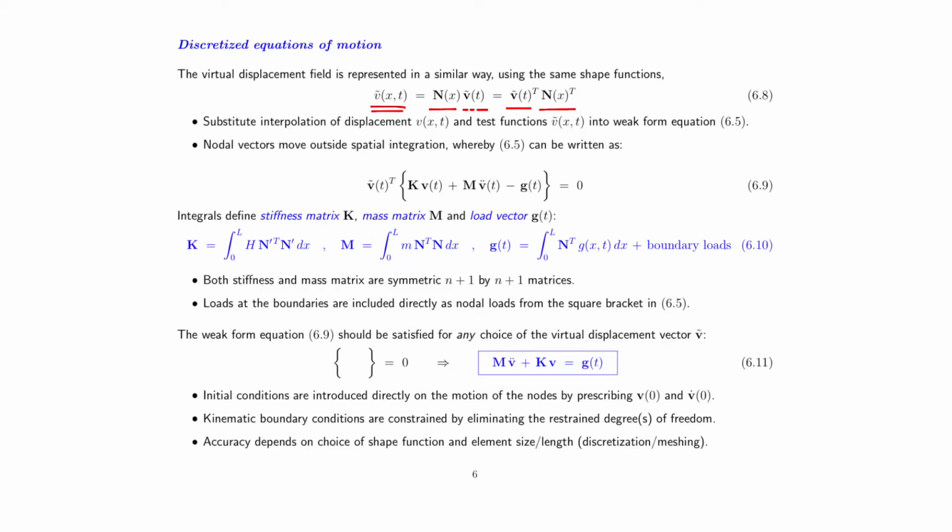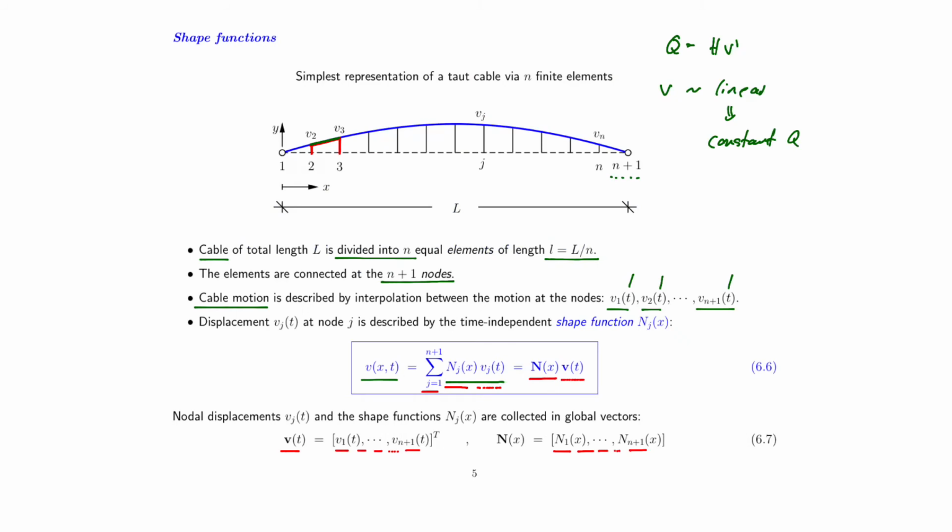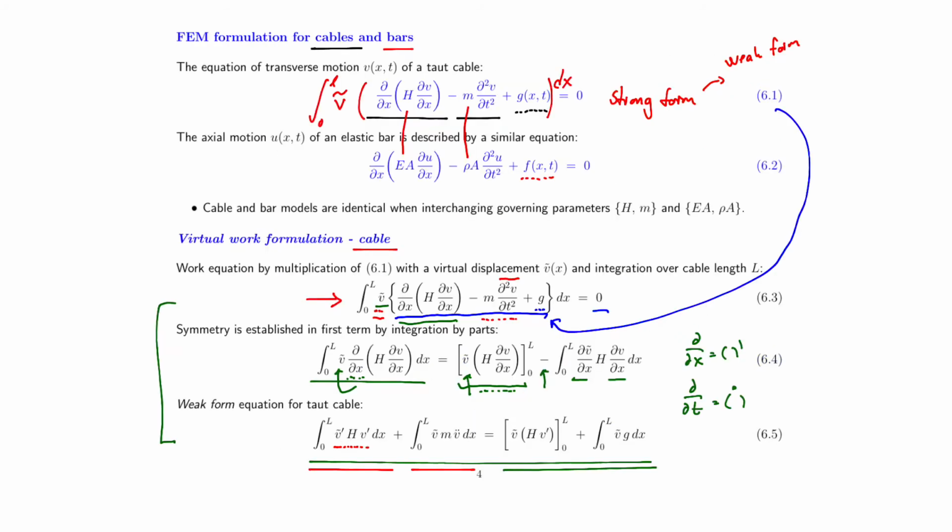Now we substitute the representation of the test function as well as the representation of the actual displacement function into the final weak form derived here in 6.5.